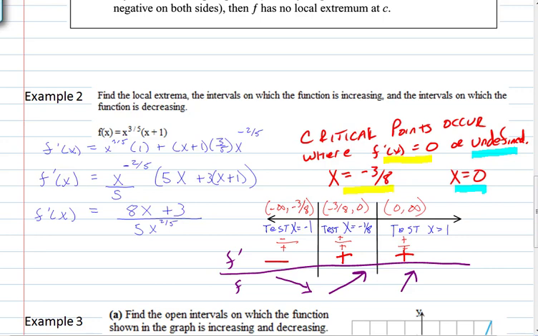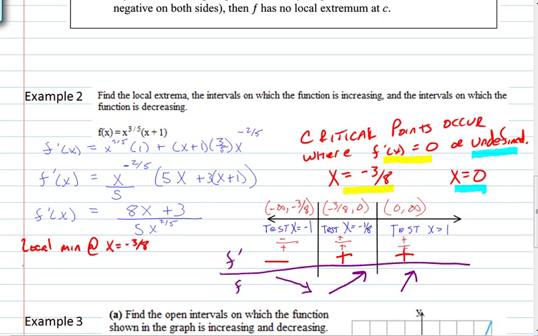So, we found the local extrema. It looks like we have a local min, not max, at x equals negative 3/8.